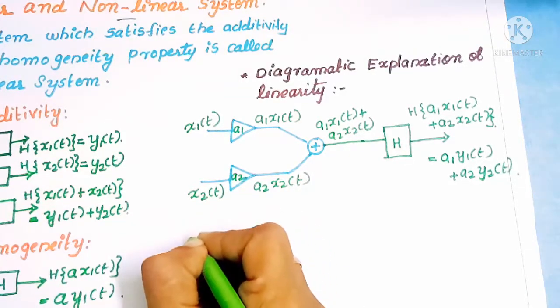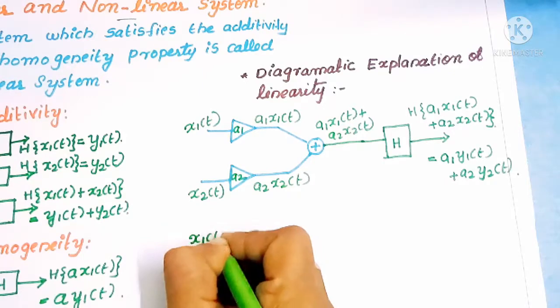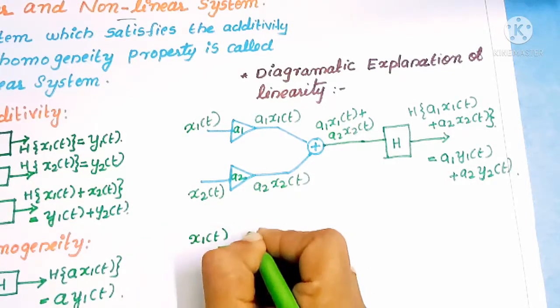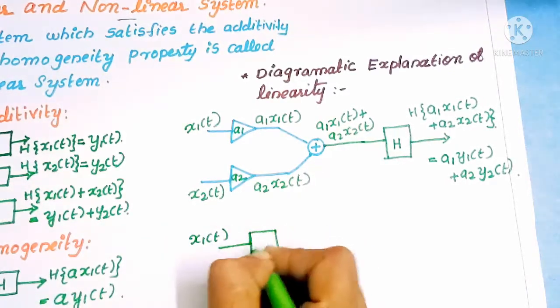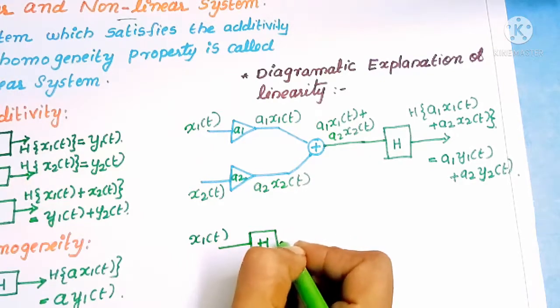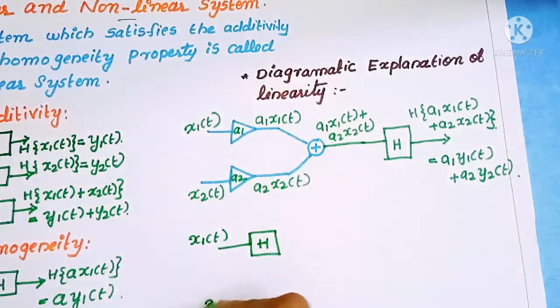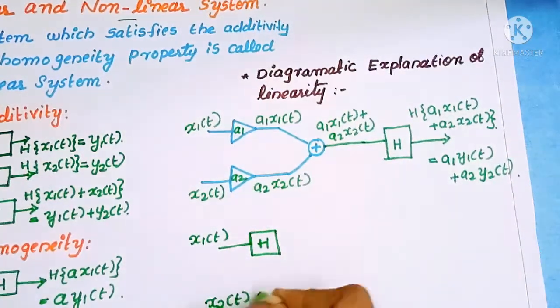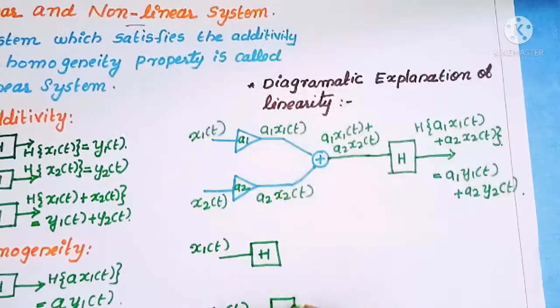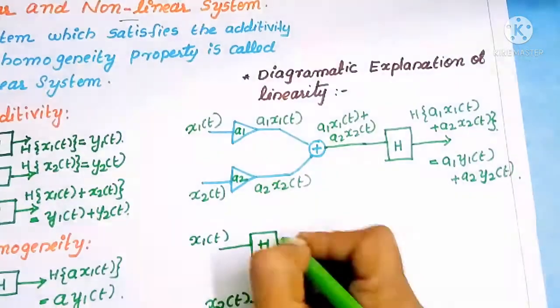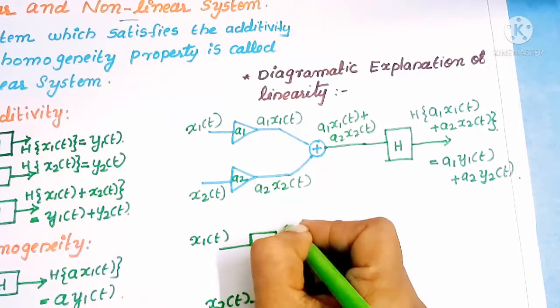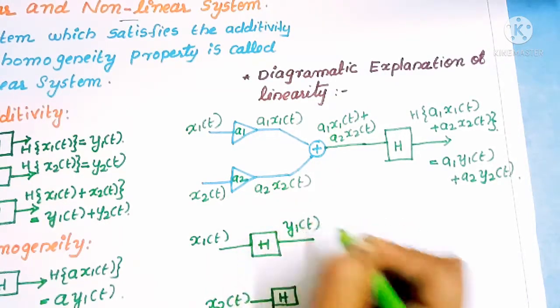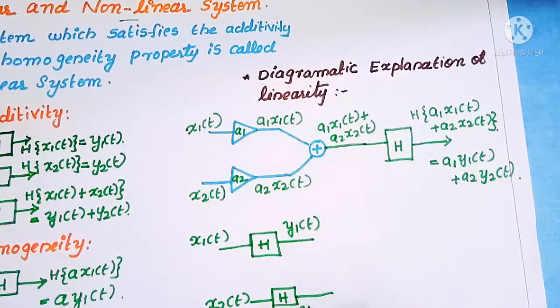Here x1 of t signal is applied to the system H. Also x2 of t signal is applied to the system H. Then what is the output of the system? y1 of t, and here y2 of t.